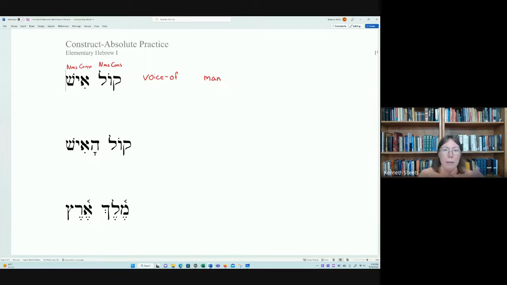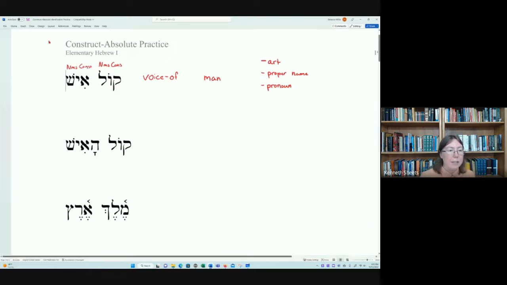Now again, remember, the construct noun never takes the article. So I have to look to the absolute to determine if we're dealing with a definite construct or an indefinite. Again, absolutes are definite if they have the article, if they are a proper name, or if they are a pronoun.